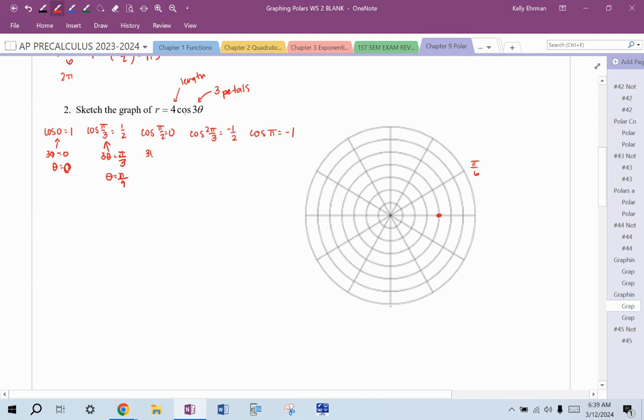But I'm just going to list it out so I know that pi over 9 is where the width of the petal is. 3 theta needs to equal pi over 2, so theta is pi over 6. 3 theta needs to equal 2 pi over 3. So again, 2 pi over 9, that's kind of weird, where is 2 pi over 9? I just don't want you to spend too much time worrying about where all of that would fall. So we probably won't plot those 2 points.